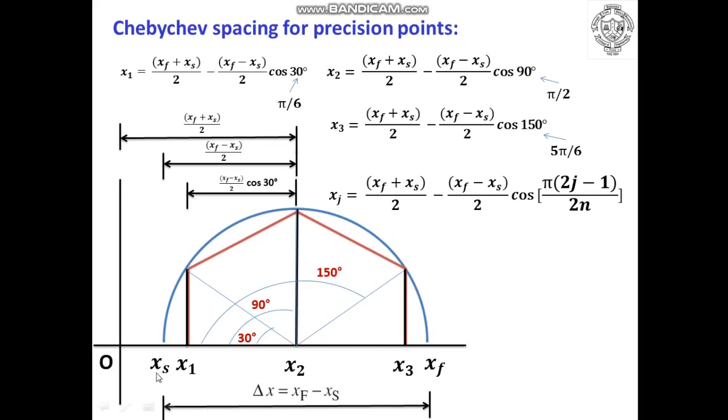In between xs and xf we have to consider the precision points. Hence xs and xf can't be precision points, whereas x1, x2 and x3 or such kind of precision points, where your actual function and the prescribed function are matching, are considered to be the accuracy points.